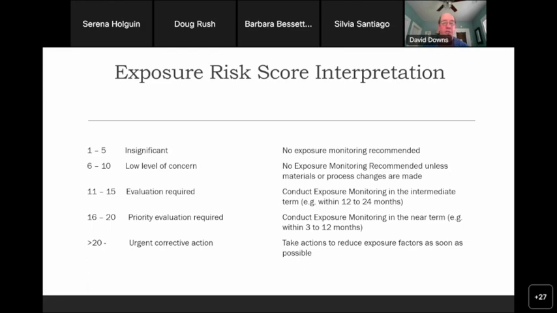If it was a 16 to 20, you'd want to do that right away. And if it's over 20, you don't worry about doing exposure monitoring. You need to take actions immediately to reduce exposure factors as soon as possible. So that's how the 1 to 25 score comes into play.